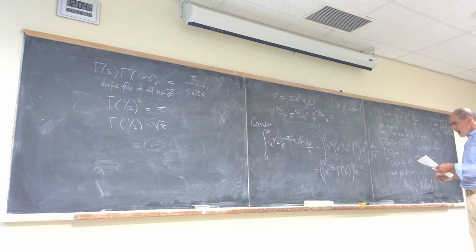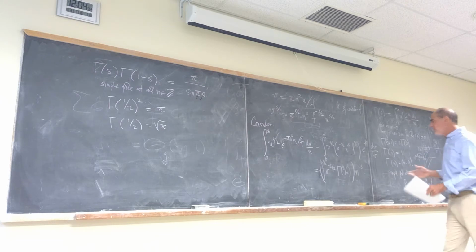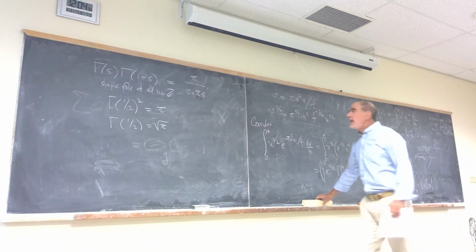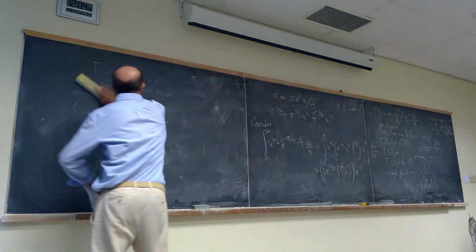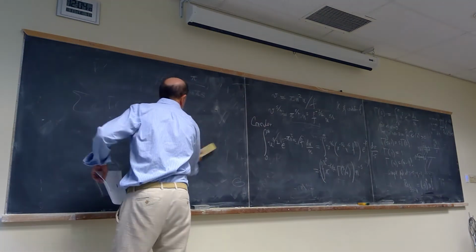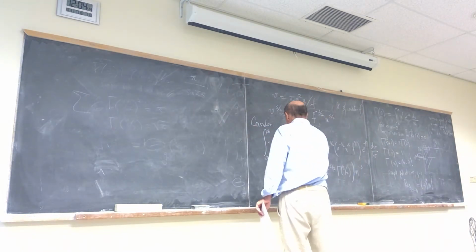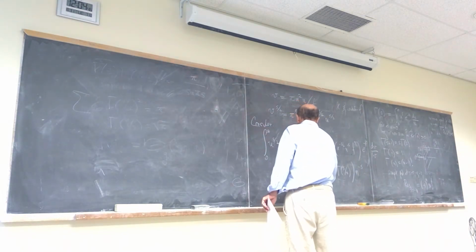Okay, now I want to take the sum of this over the positive values of n. And this integral, by the way, this all makes sense for the real part of s greater than 0.